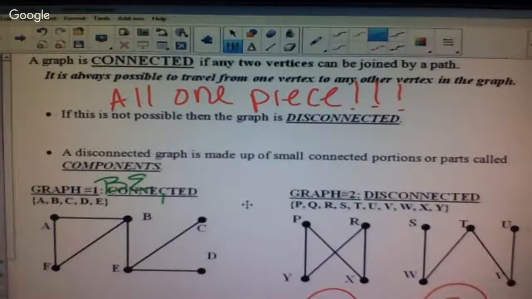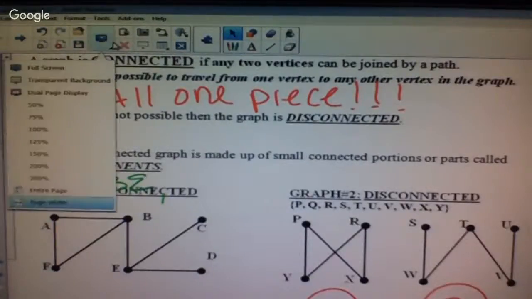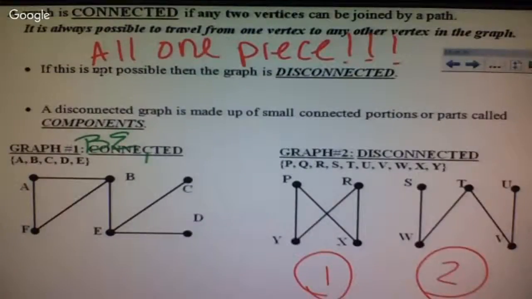I actually have 2 more bridges in this picture. B to F is not. D to E and E to C. All 3 of these lines are considered bridges.